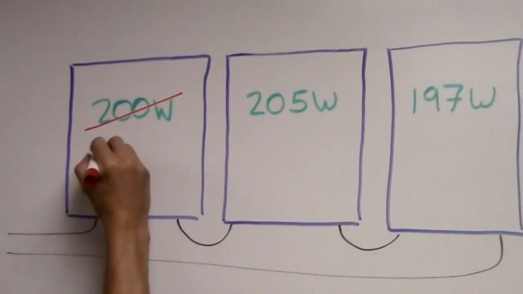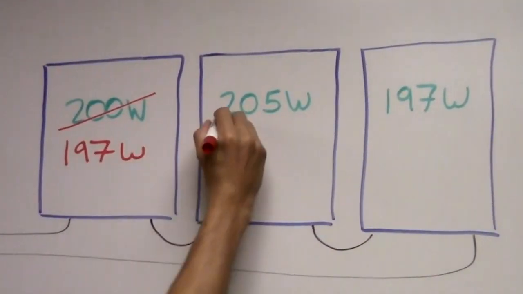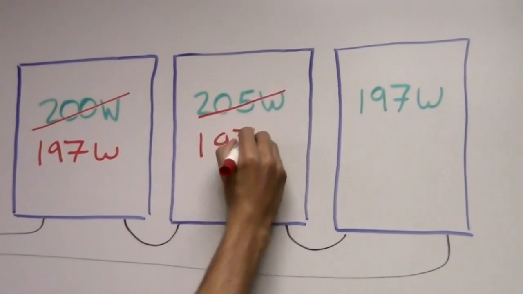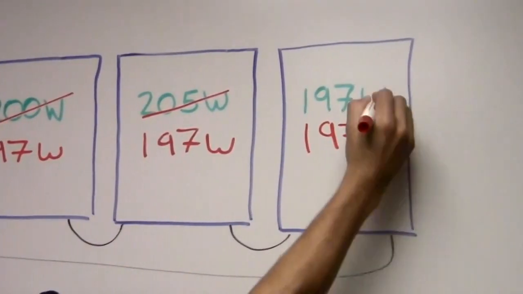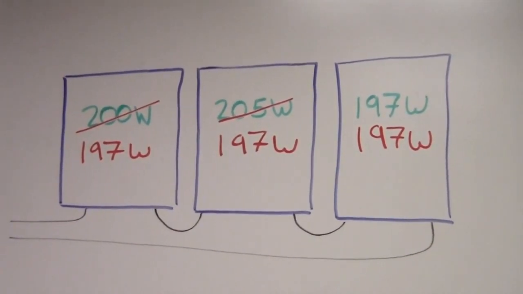Well, if there's a low panel in that string of 197 in this example, every panel in that string is going to behave like a 197 watt panel. And so the wattage of the entire string is going to be limited by the lowest common denominator, so to speak, the lowest wattage of all of those panels.